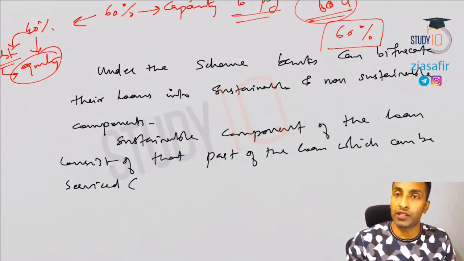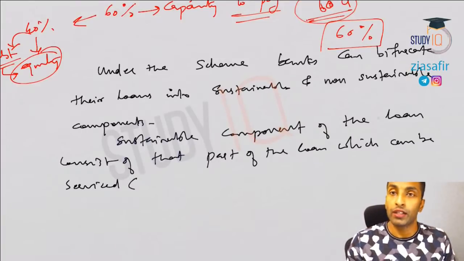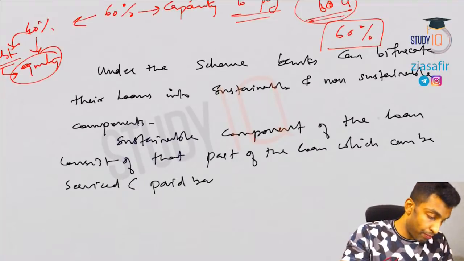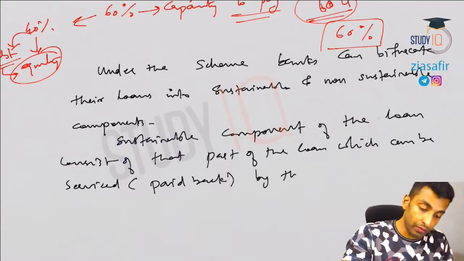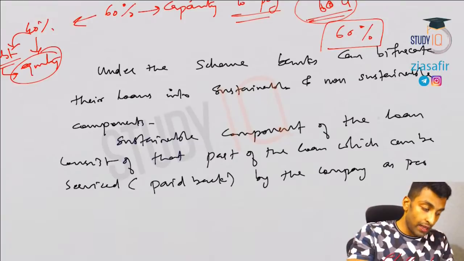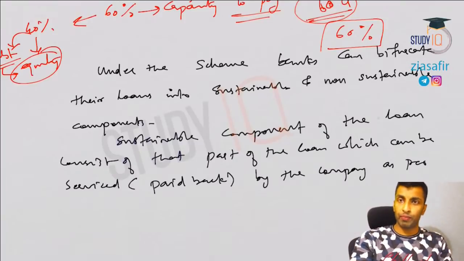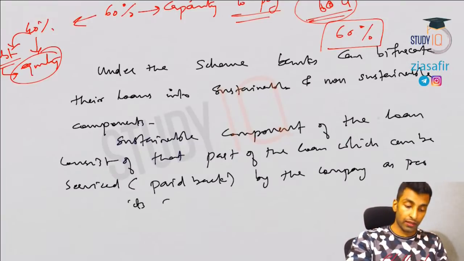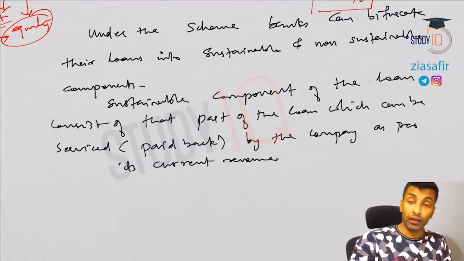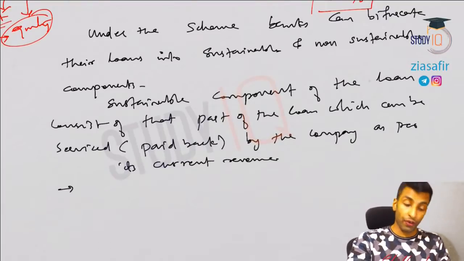I've told you 60% is what the company is ready to pay back. So that is the sustainable component. It can be paid back by the company as per its current revenue, that means its payment capacity as per its current revenue. But the condition is it should consist of at least 50%.